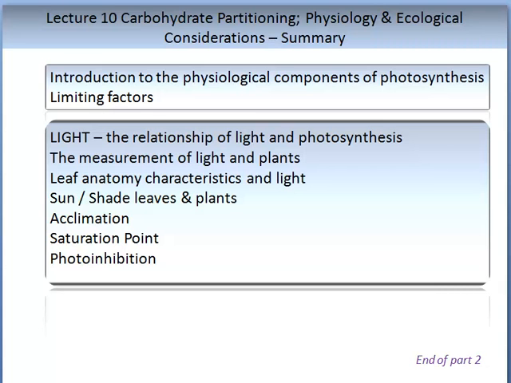There is a concept called saturation point, which we have also covered in this topic, as well as the important component of photoinhibition. This can reduce productivity for plants if too much photoinhibition occurs. This is the end of part 2 of this lecture on carbohydrate partitioning, physiology and ecological considerations.